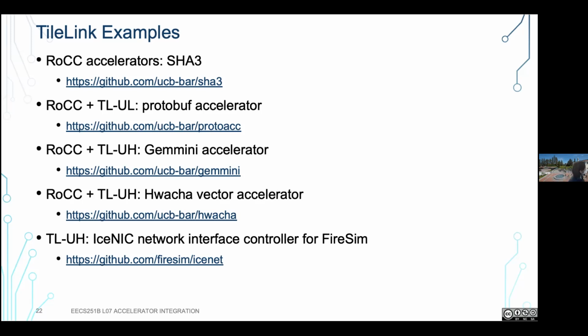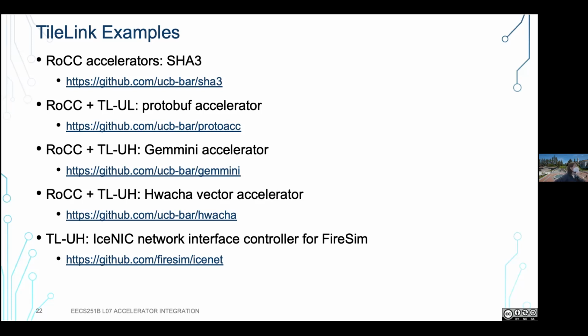You will see three projects here: a protobuf accelerator, the Gemmini accelerator, and also the Hwacha accelerator. I'll have more details about the Gemmini accelerator in a minute. All three are more like RoCC and TileLink combined. We use the RoCC interface to invoke the accelerator, which makes it a lot easier to set up the programming interface, but it also needs high bandwidth communication to share memory. So they also instantiate TileLink nodes, as I mentioned earlier.